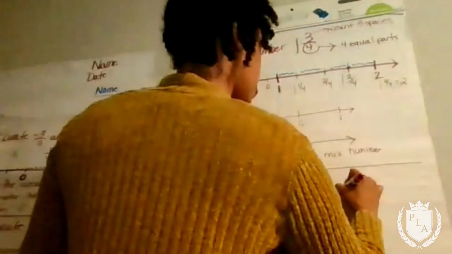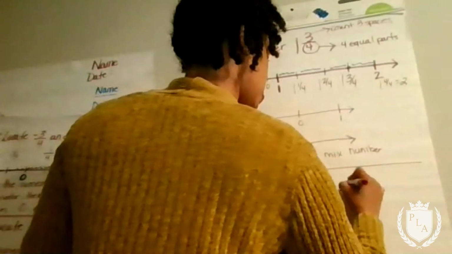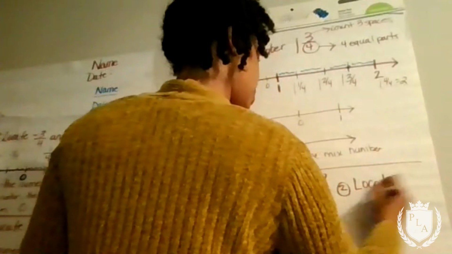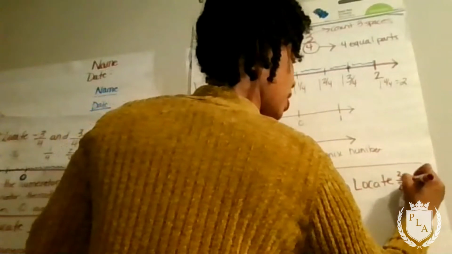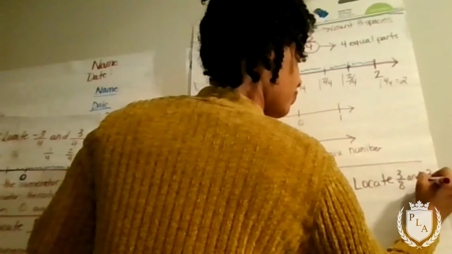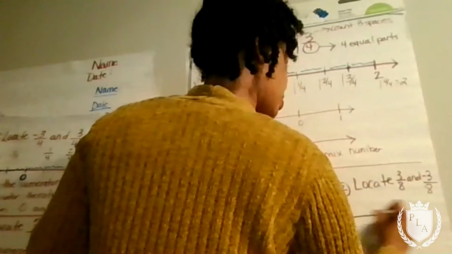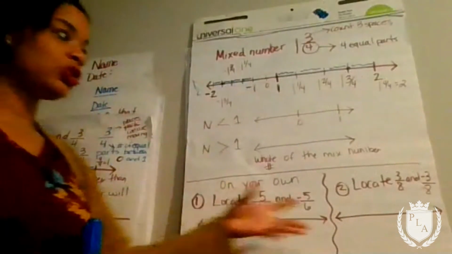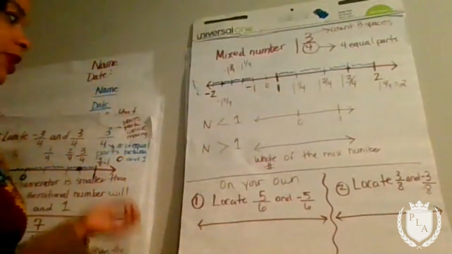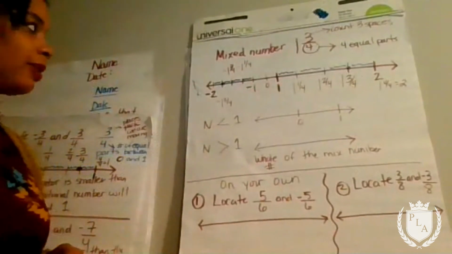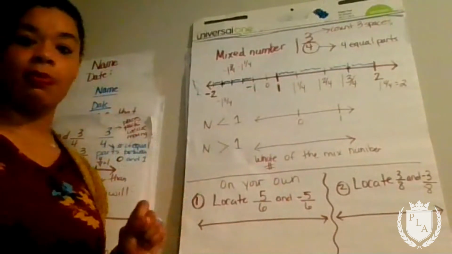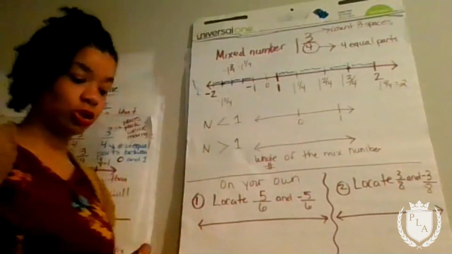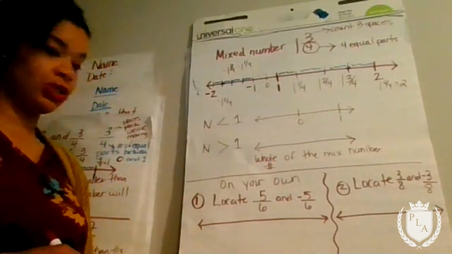And number 2, locate 3/8 and -3/8 on your number line. Okay? So you cannot do this without knowing your rules. And you can refer to the 2 examples that we did. Just make sure you take your time and make sure you refer to your notes.